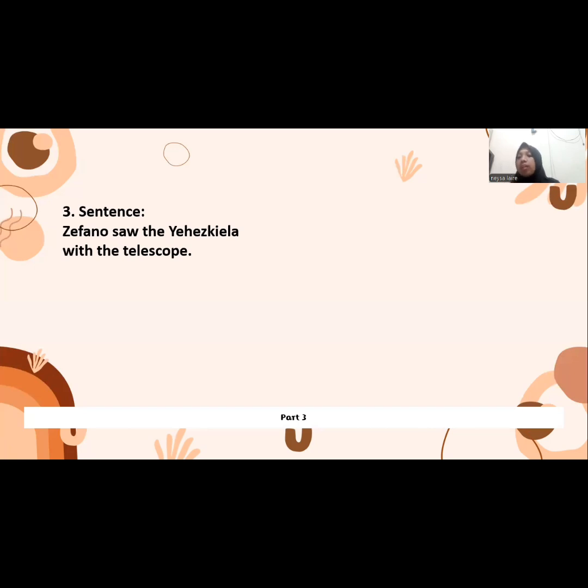Interpretation 1, instrumental meaning: Stefano used a telescope to see the girl. Syntactic rule: the prepositional phrase (PP) with the telescope is attached to the verb phrase (VP). It tells how the action was performed.